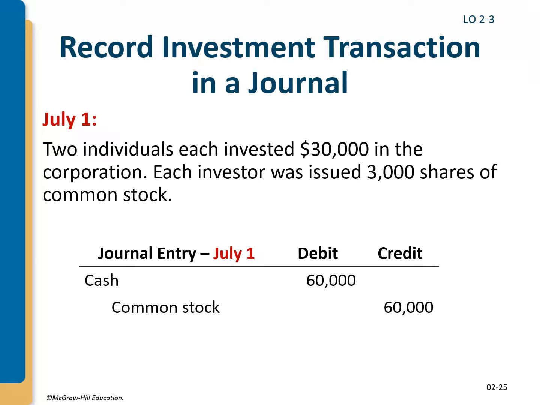It's an asset. Assets increase on the debit side. And we're going to increase our stockholders' equity, paid-in capital account, common stock. Anytime the corporation sells stock for the first time, they will increase paid-in capital, in this case the common stock account, on the credit side for the total amount.